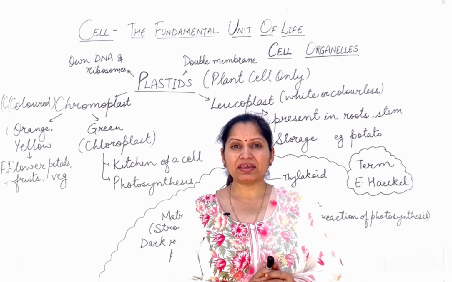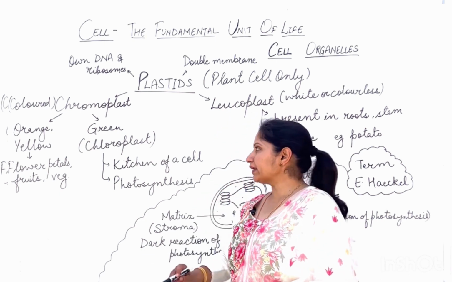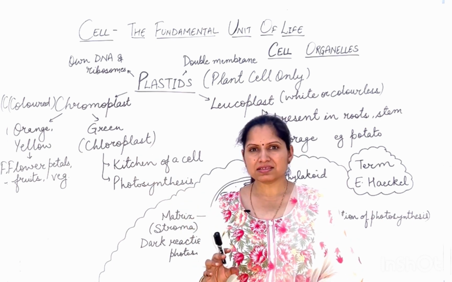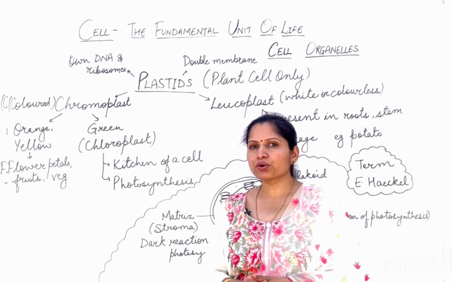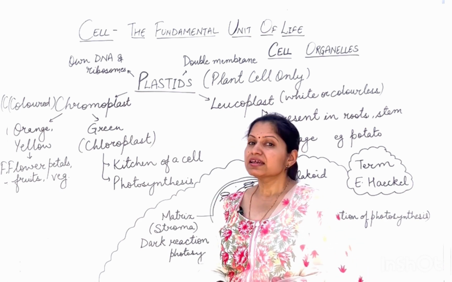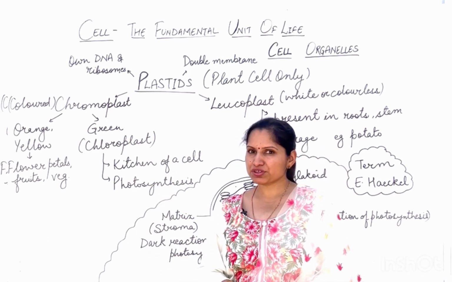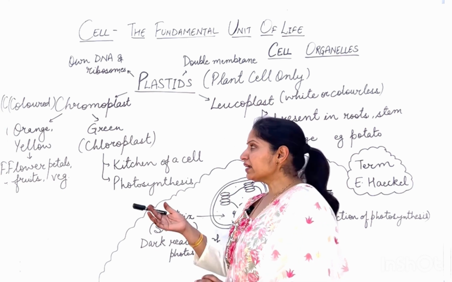But if the chromoplast has green color, then it is given a special name, and that name is chloroplast. Chloroplasts are the plastids that have the green pigment in them, that is the chlorophyll containing plastids. These are definitely going to help in the process of photosynthesis performed by the plants.